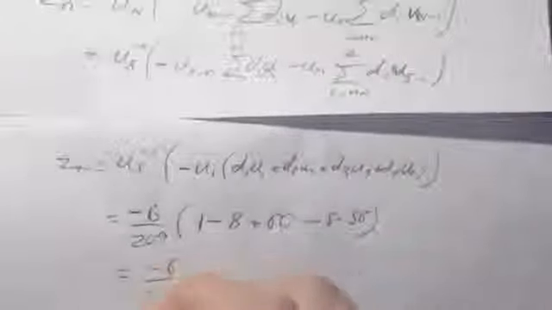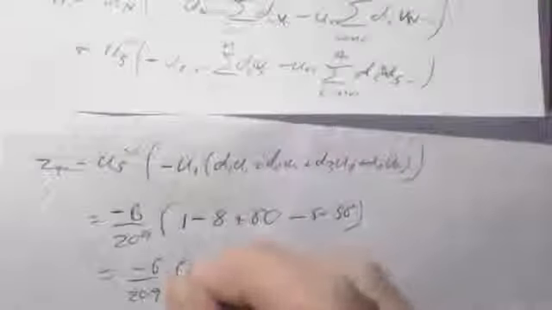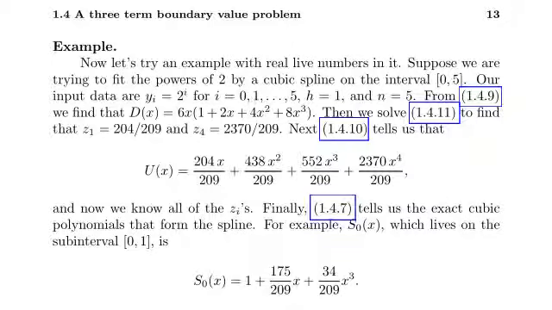We get minus 6 over 209 times 1 minus 8 plus 60 minus 8 times 56. Minus 395 equals 2370 over 209, which is right.